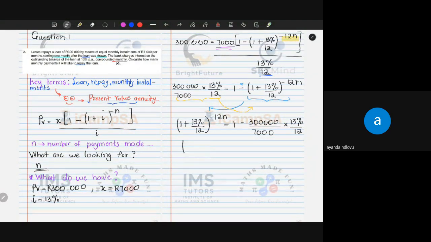What does it become as a fraction? 15 over 28. Okay, awesome. Thanks for that. 12n. I need someone to give me the right-hand side. What does it become? 1 minus 300,000 divided by 7,000 multiplied by 13% over 12. What do you get?